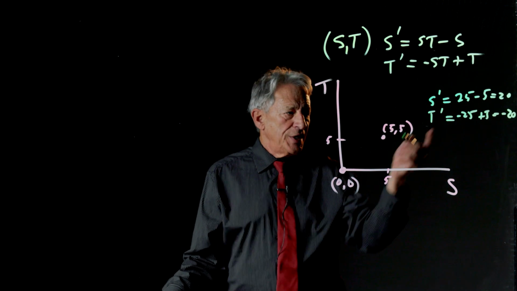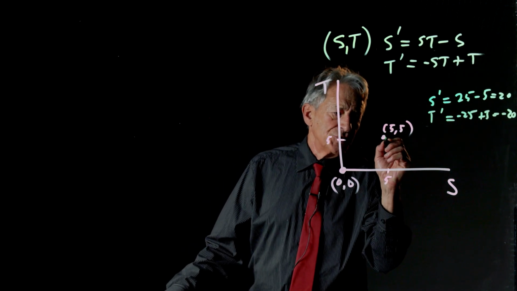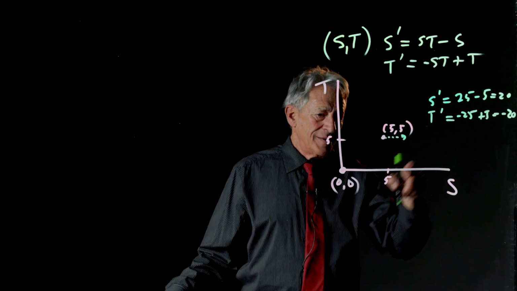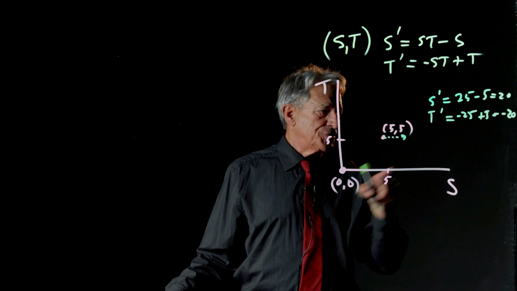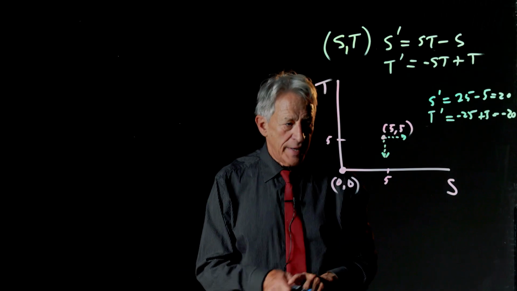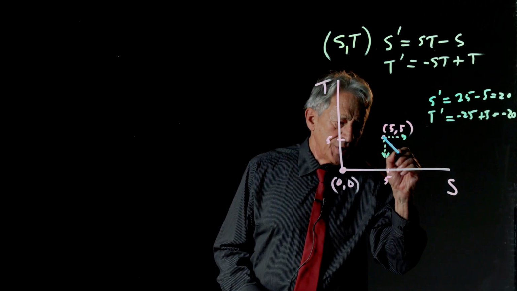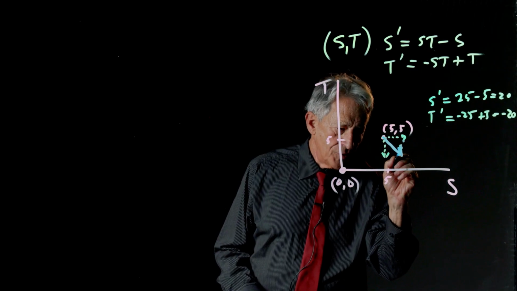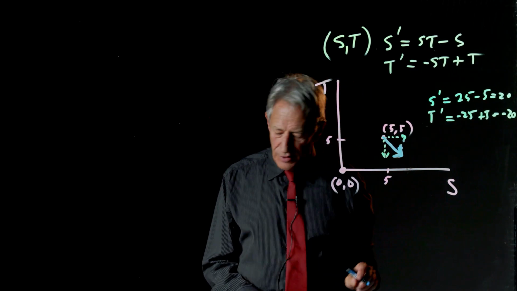So we have a change vector. The S change vector is plus 20. The T change vector is minus 20. And the resulting change vector, which is the sum of those two, is going to look like that.